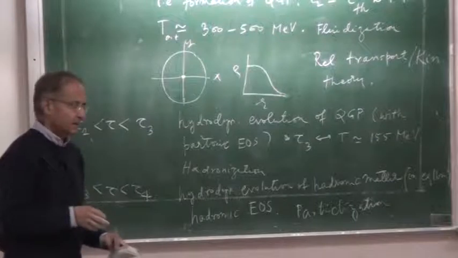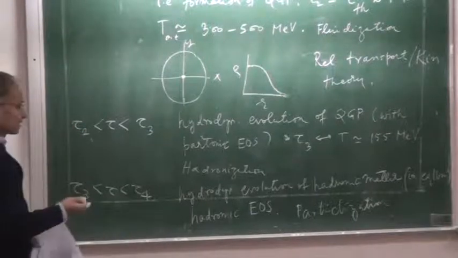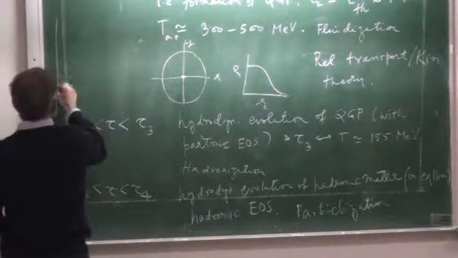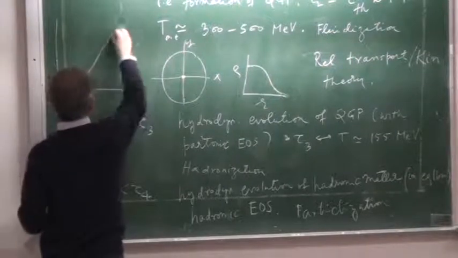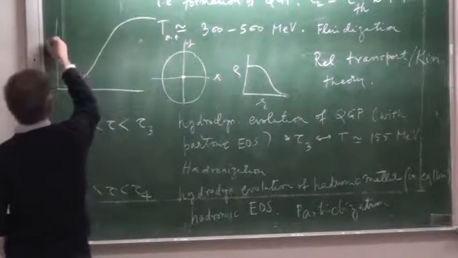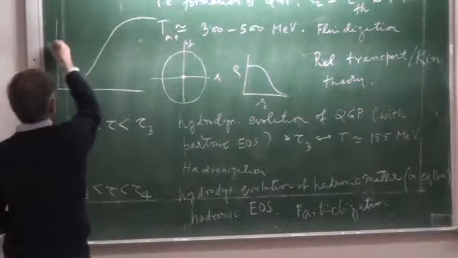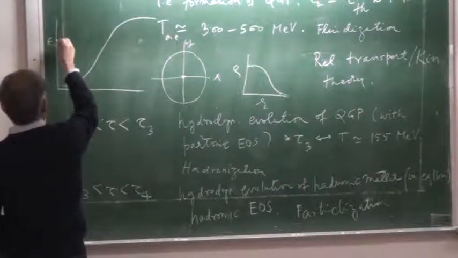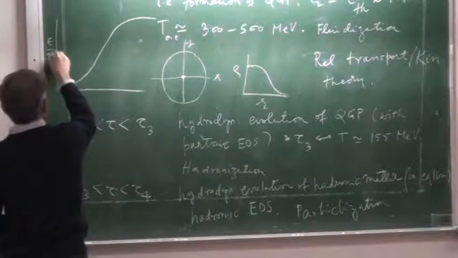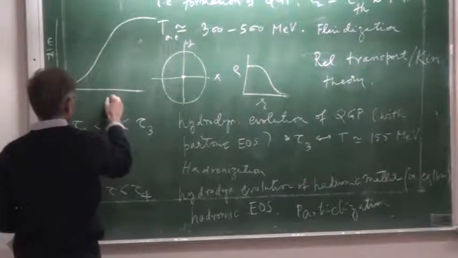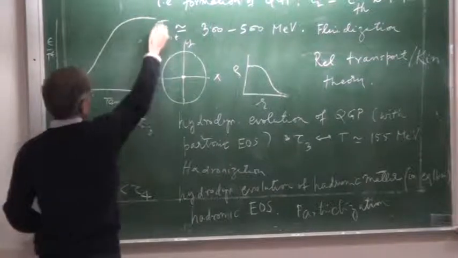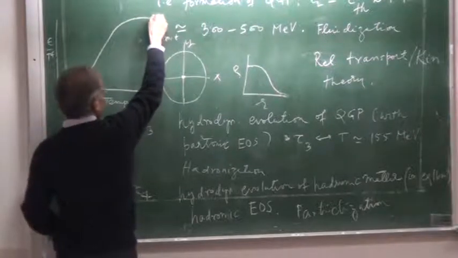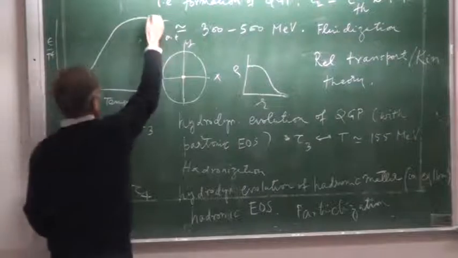The equation of state that is currently used is something like this. Energy density as a function of temperature. You are starting somewhere here, at high temperatures, and you are going this way.